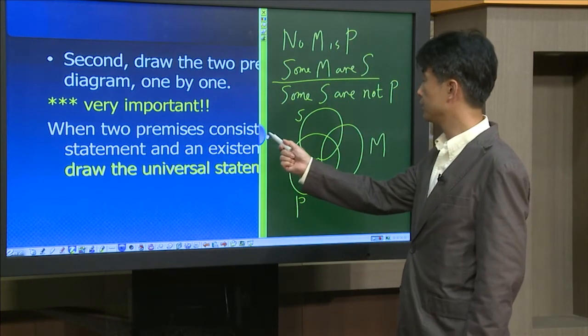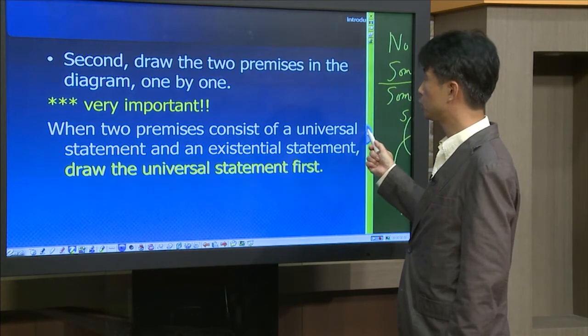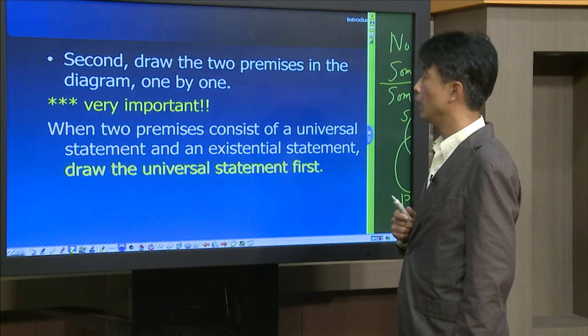The second step says, draw the two premises in the diagram one by one.